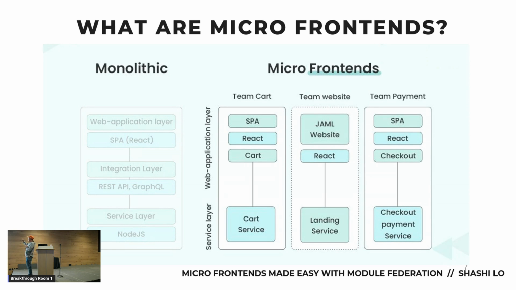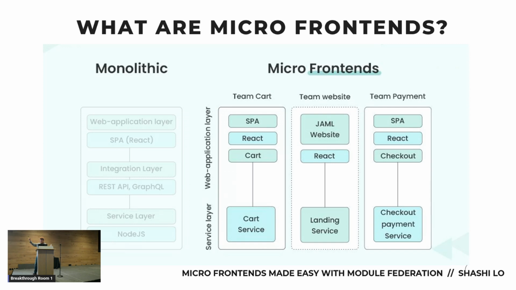Now let's look at the right side, right? Nicely decoupled micro front ends. Each team has their own either directory or repository, 3 different teams, 3 different deployments, 3 different node dependencies, right? Individually. Each one of them has their own web application layer, their own service layer. They could even be a different JavaScript framework.